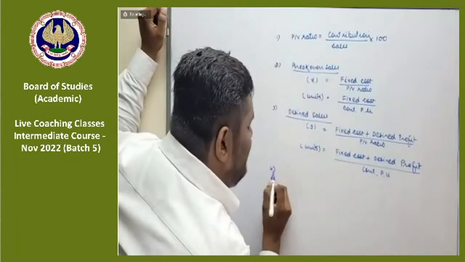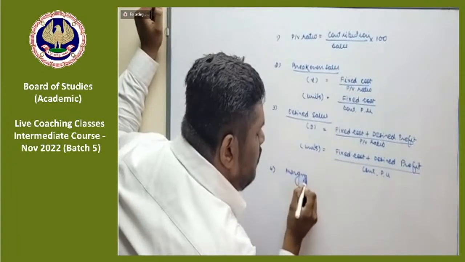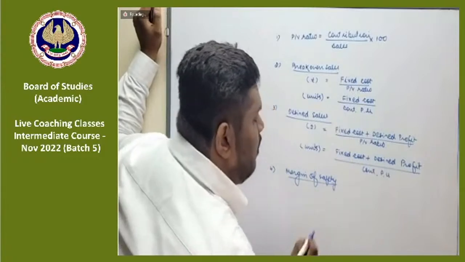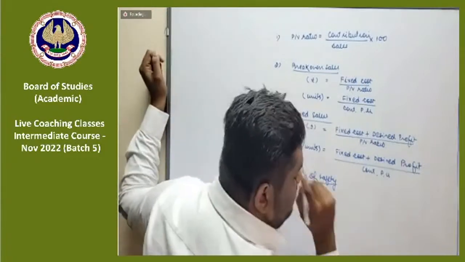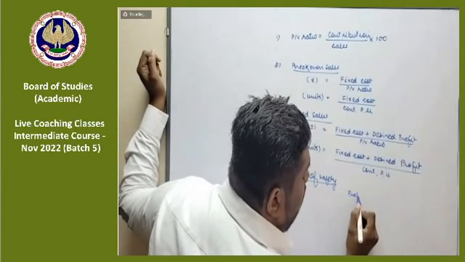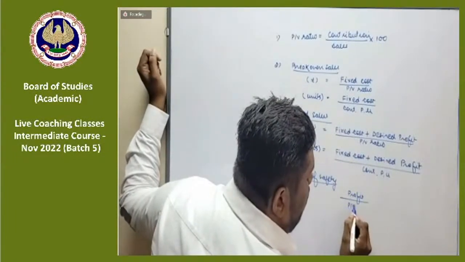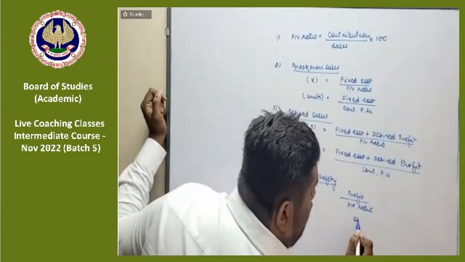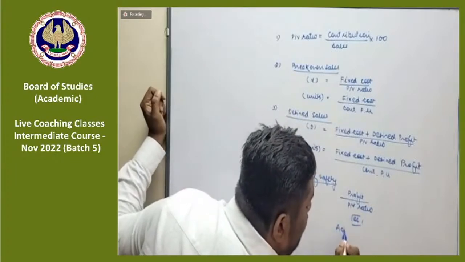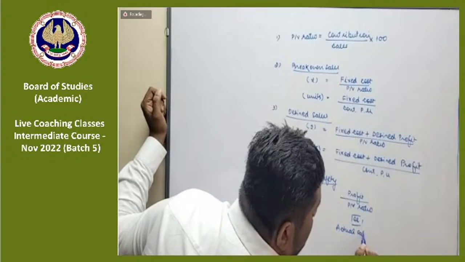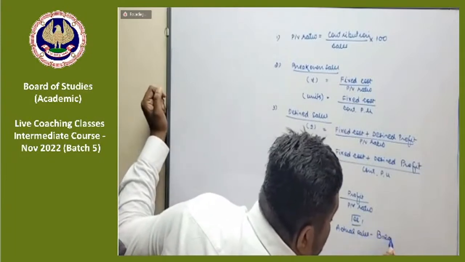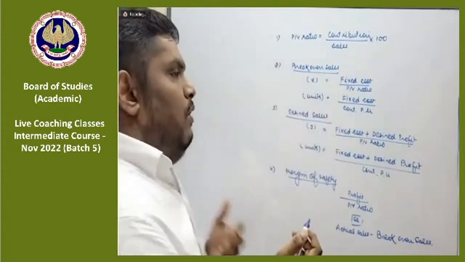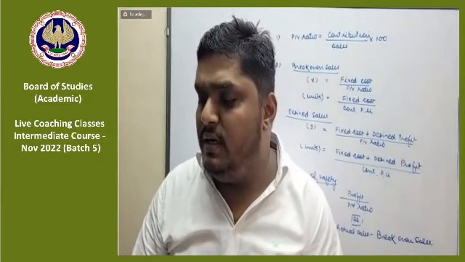Apart from this, we discussed margin of safety also, that is profit divided by PV ratio. So these are the concepts I have discussed.